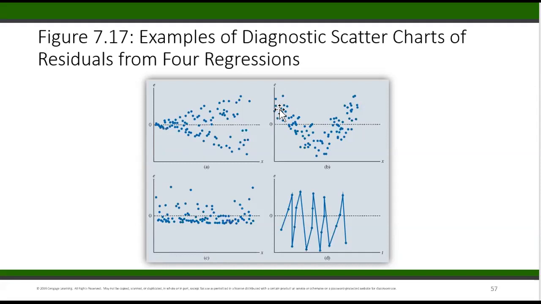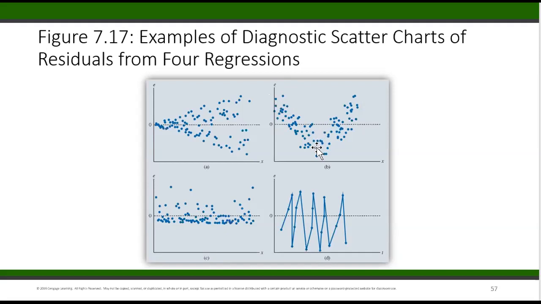But the problem here is that the center is not anymore at 0 like we had before. So here, if I focus only on points around, let's say 0, most points are above 0. So this mean of error here is not 0, it is a positive number.